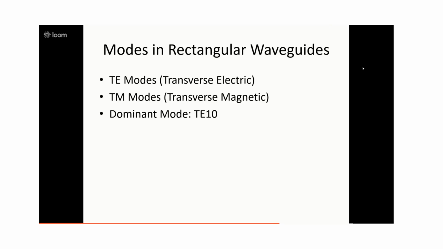And the other one is TM mode, which is also called the transverse magnetic mode. Again, as the name suggests, the magnetic field is transverse to the direction of propagation, and thus it is known as transverse magnetic mode. And in a rectangular waveguide, the transverse electric mode is usually dominant because it requires the lowest cutoff frequency.